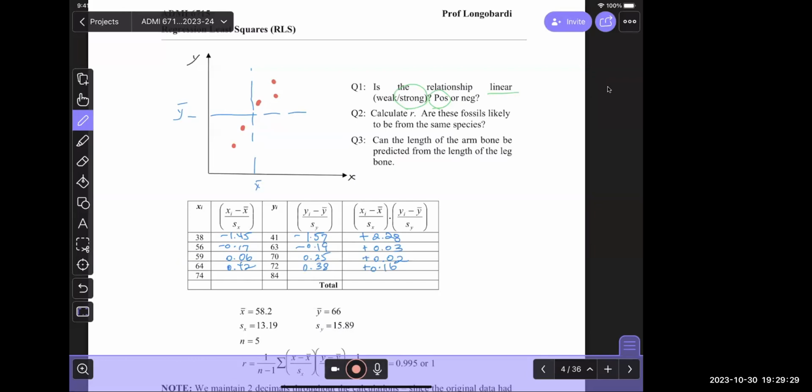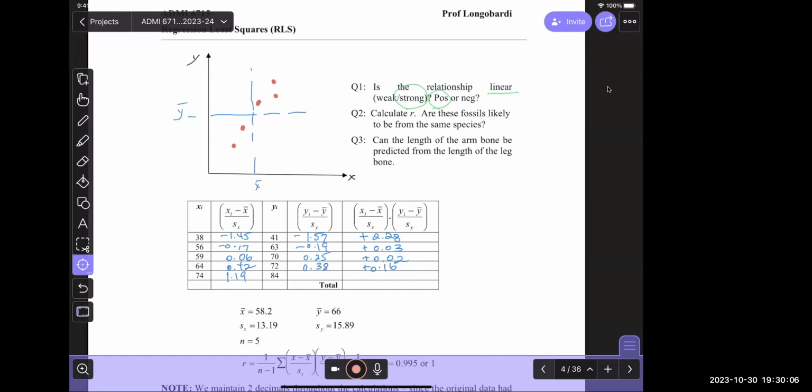No, I want 2 decimal places. Okay, and then the last one, 1.19. Okay, 1.2 if you want, but use 2 decimal places for Y, 1.2. Keep going, 84. Okay, I'm going to do the other.